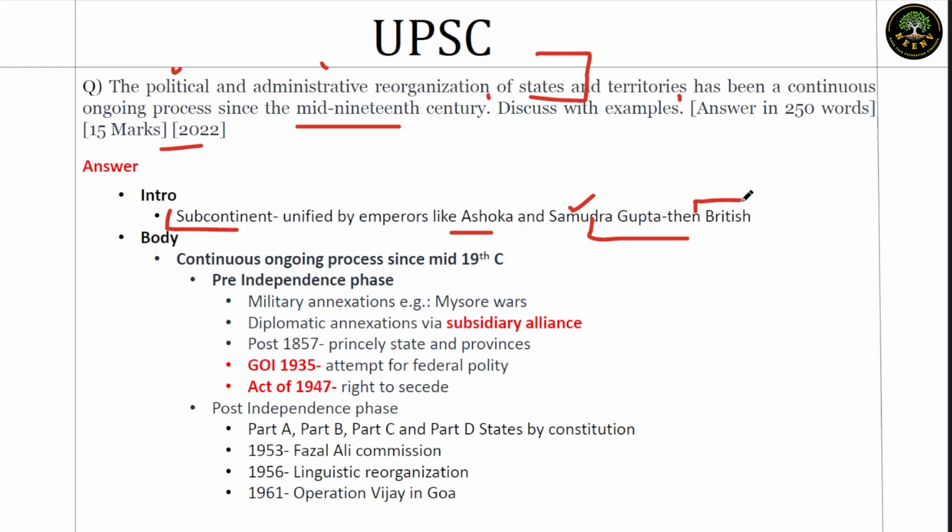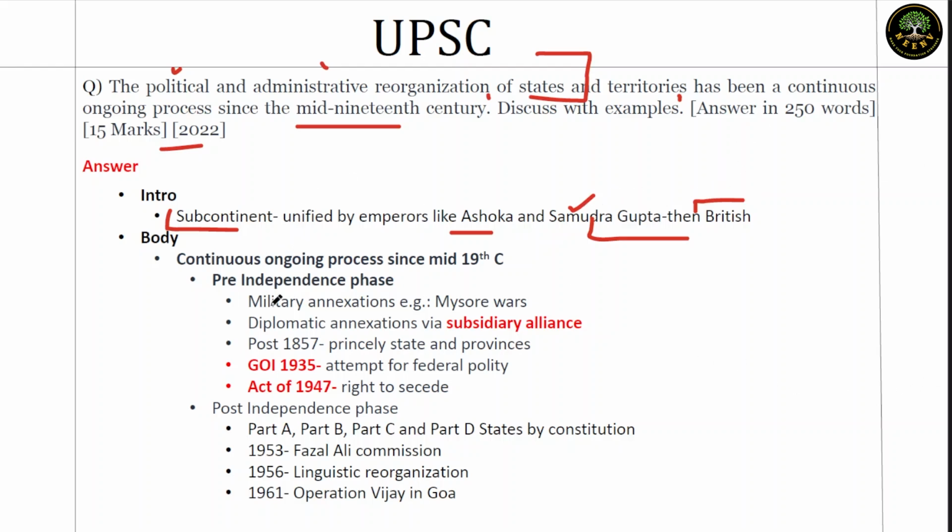The princely states were under subsidiary alliance or under the British paramountcy. Initially there were policies like subsidiary alliance and doctrine of lapse, but after the Government of India Act of 1858, every state accepted the British paramountcy. That is the Queen's rule. So this was the condition of India. So we'll give British, Samudragupta and Ashoka here.